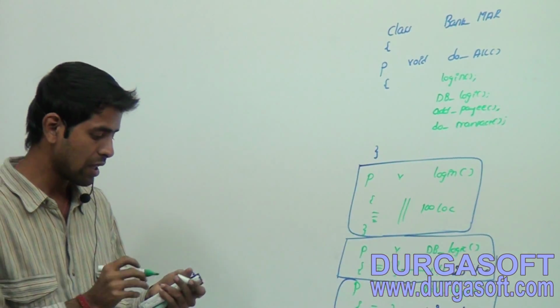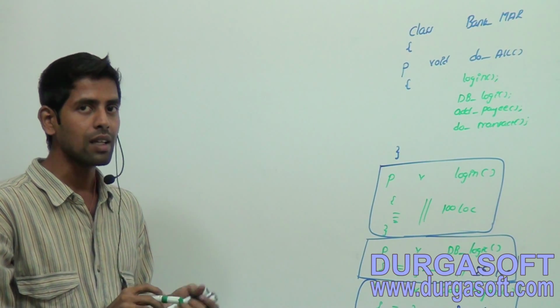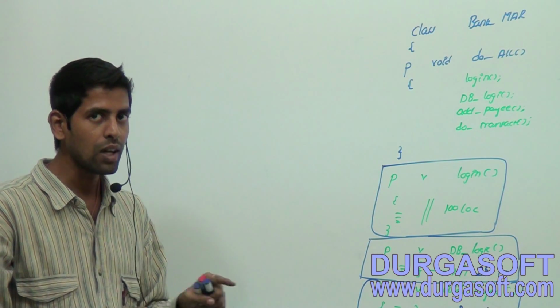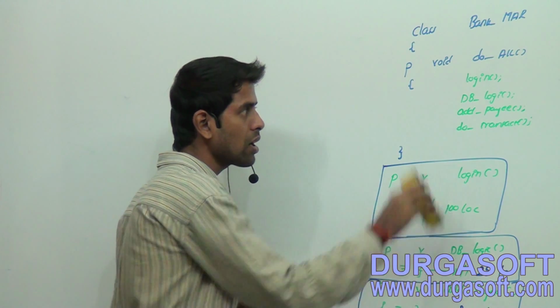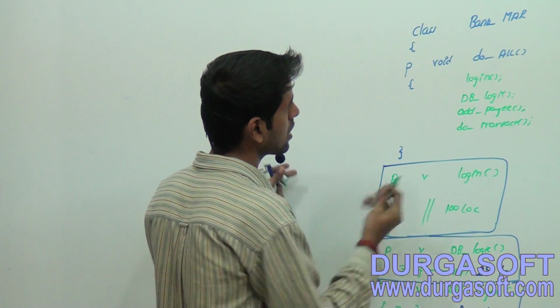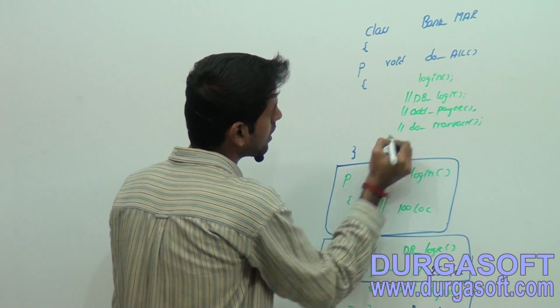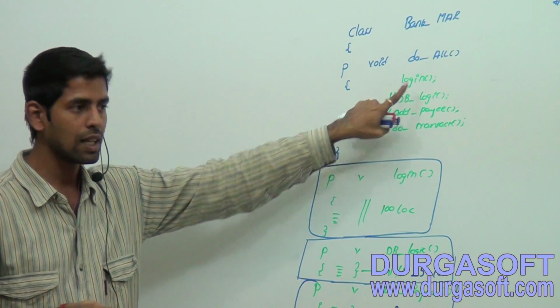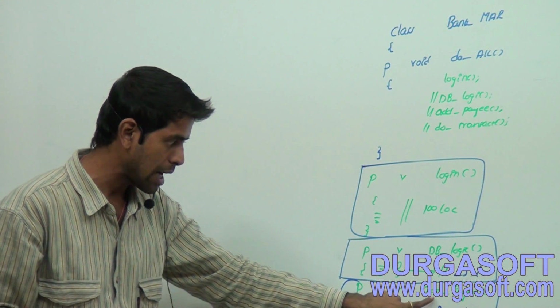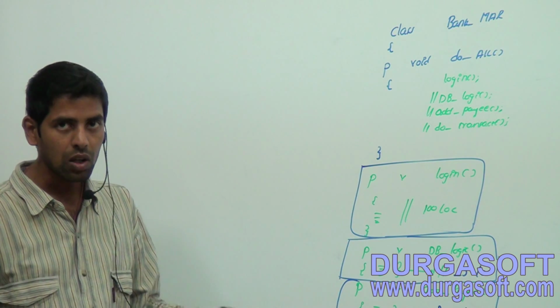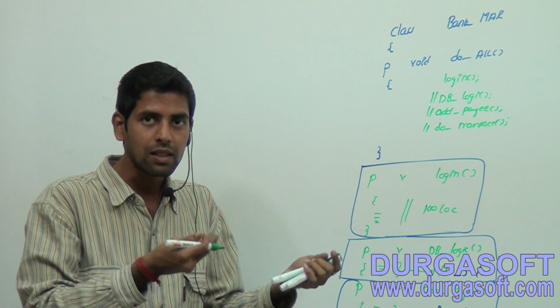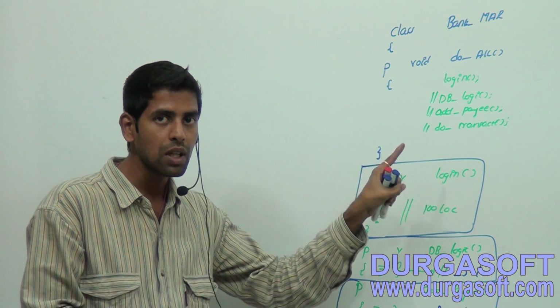Now observe, if I want only login logic, I can maintain it like this. Unnecessarily, db logic, add payee logic, and do transact logic executing? Is the entire code executing here?